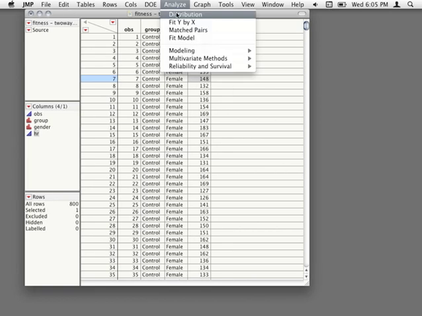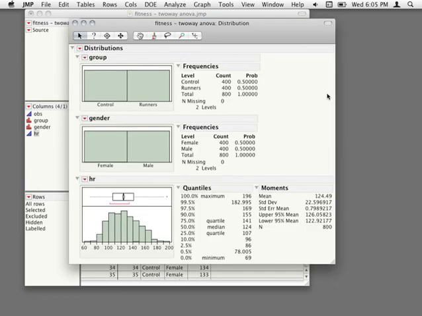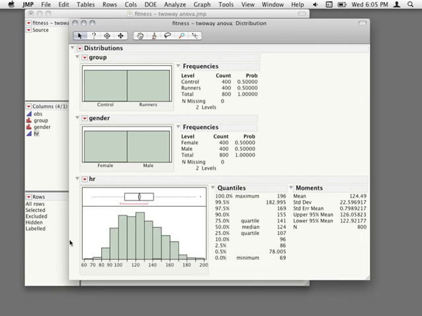Again, the thing to do is to run a distribution, looking at our groups, gender, and heart rate, just to get an idea of what the distributions of our data are. We have equal numbers of runners and controls, which is nice, and equal numbers of males and females. In a minute, we're going to look to see if we have equivalent numbers in each cell, so each combination of those two. And if we look at heart rate here, we see we have not a terrible distribution.